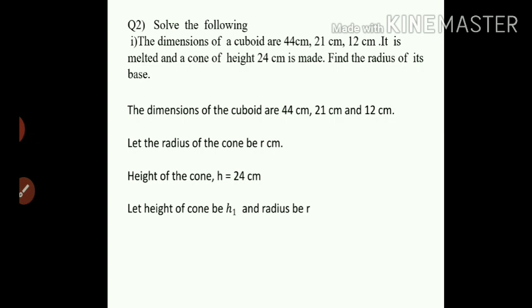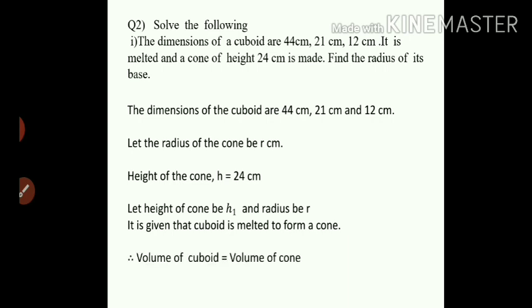Now it is given that cuboid is melted to form a cone, means the volume of cuboid will be equal to the volume of cone. Now students, the formula for volume of cuboid is length into breadth into height, and the formula for volume of cone is 1 by 3 pi r square h.